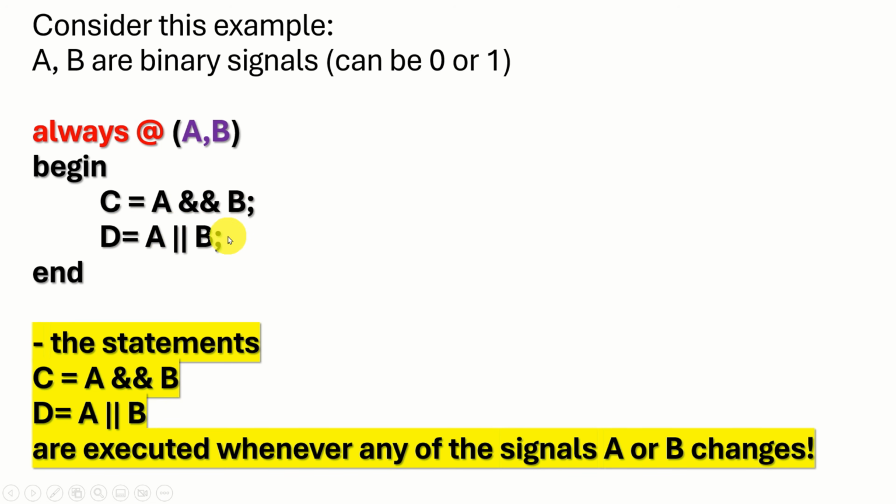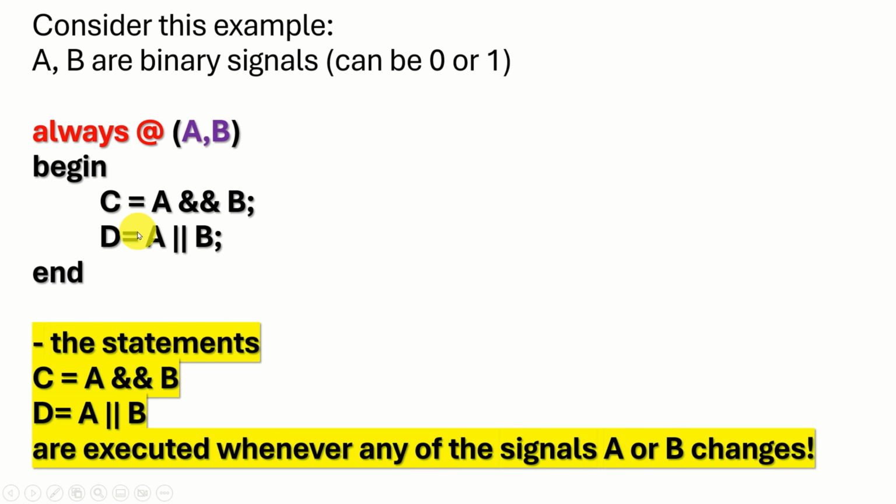These two statements are executed whenever any of the signals A or B changes. For example, let us assume that A was 0 and B was 0. Then, suddenly A goes to 1. Since A is changed, this sensitivity list is triggered and the always statement will execute the block within begin and end.